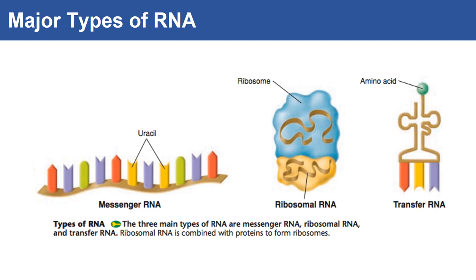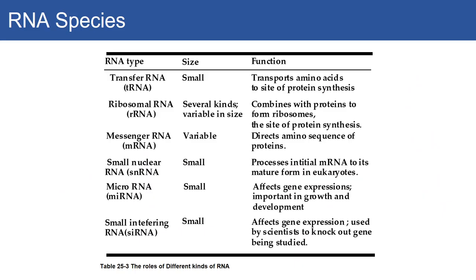Ribosomal RNA is part of the structure of the ribosome, where translation occurs. And tRNA takes amino acids and adds them to the growing polypeptide chain. Although there are numerous other types of RNA that exist.